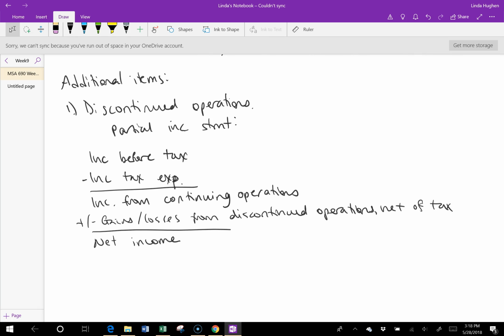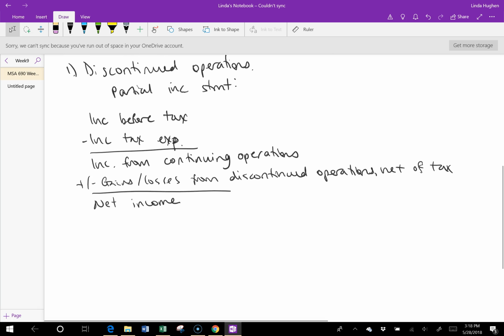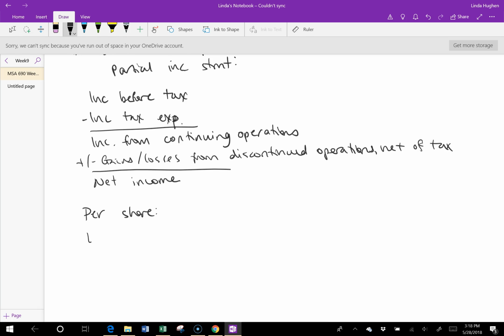If a company does report discontinued operations, it must report earnings per share both related to income from continuing operations and from discontinued operations. So what you would have is your earnings per share related to continuing operations, the earnings per share related to discontinued operations.